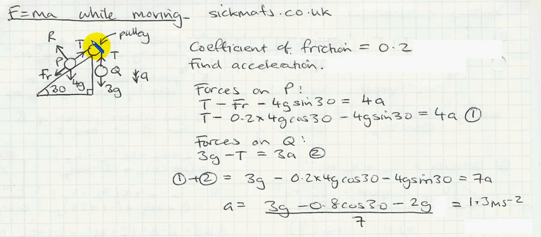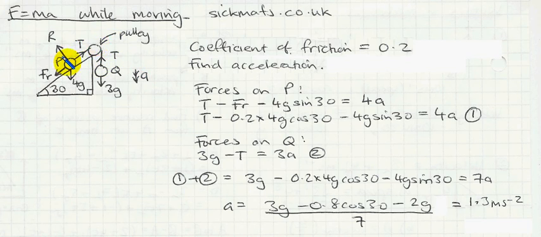So you've got T going that way and pulling it up, and friction working against it, and also you can break up the weight force into its components, i.e. perpendicular to the plane or along the plane. The weight force along the plane is going in the opposite direction to the acceleration of the entire system.